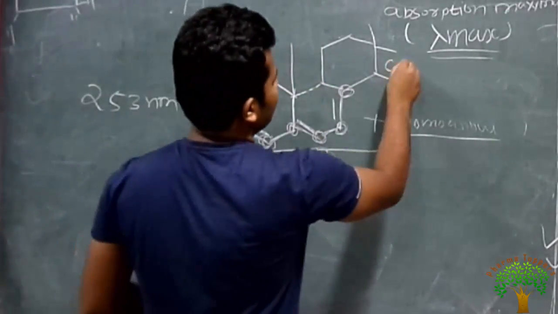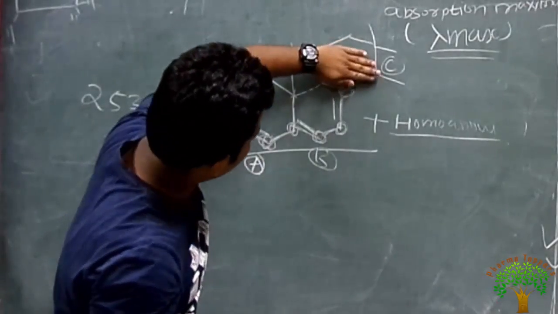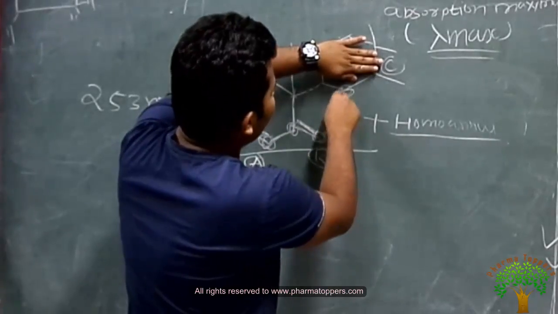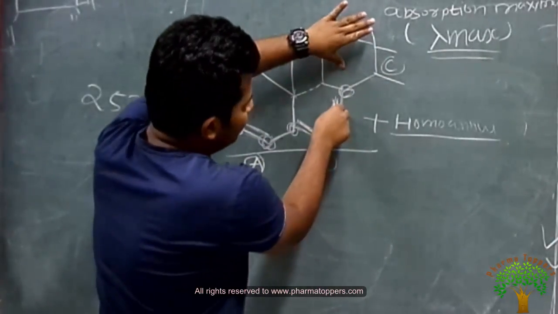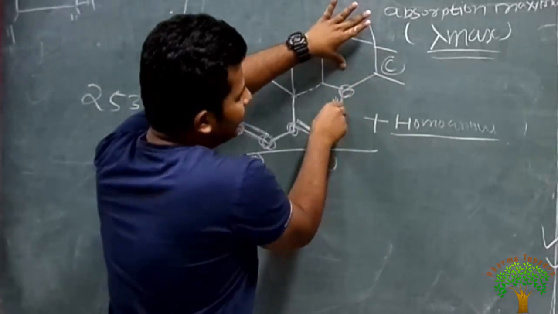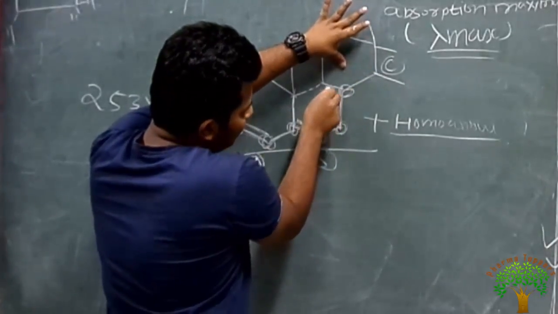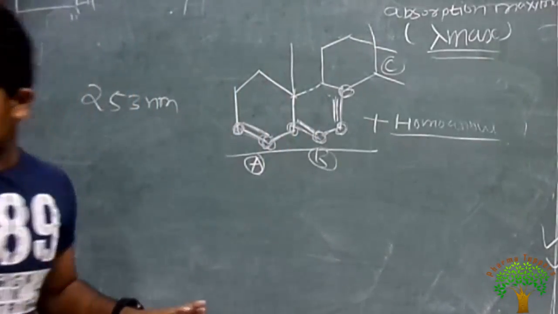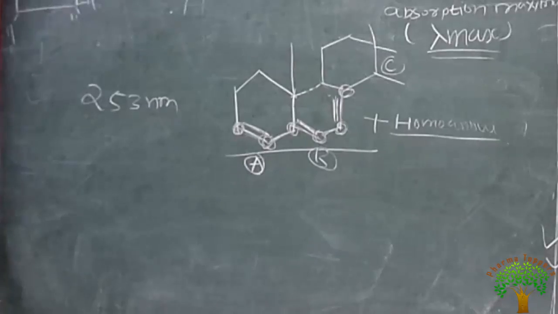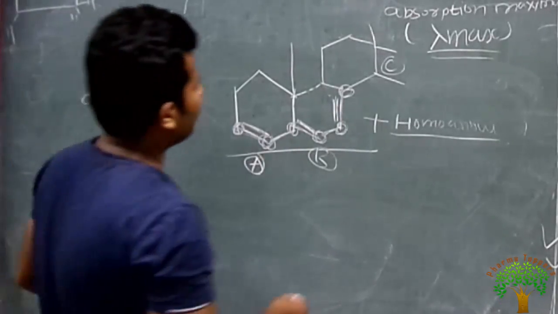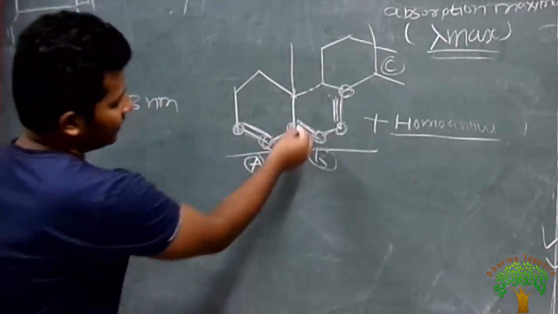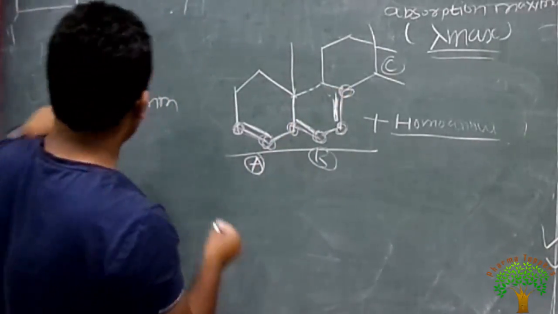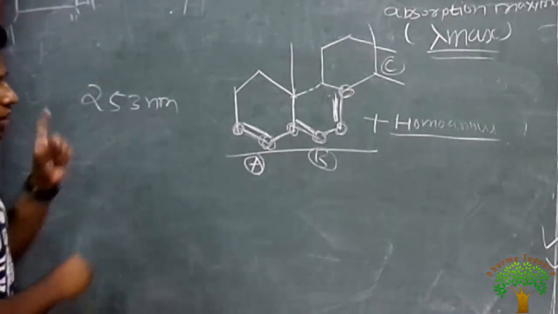For C ring, see this, but this is not an actual exocyclic double bond. This is not exocyclic for this C ring. It is exocyclic if the double bond is present on this side. Hence, our structure mainly contains 2 exocyclic double bonds, this is 1 and this is 2.